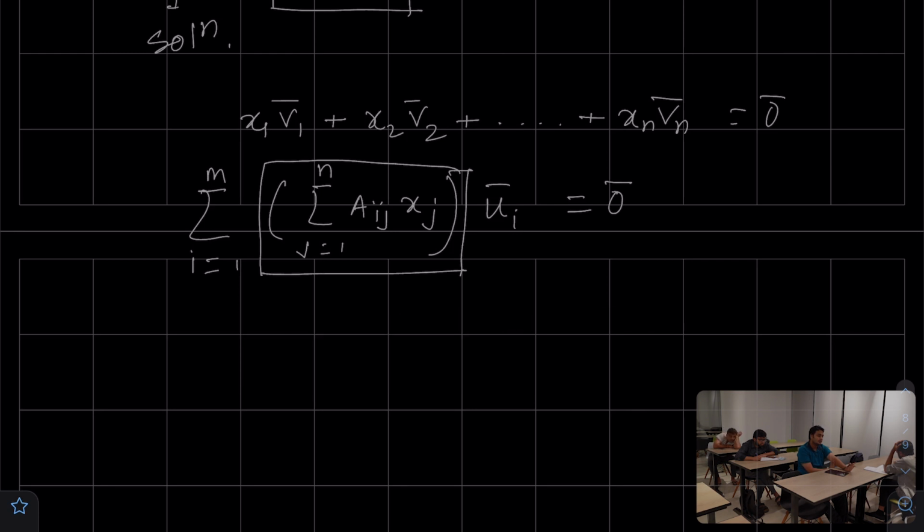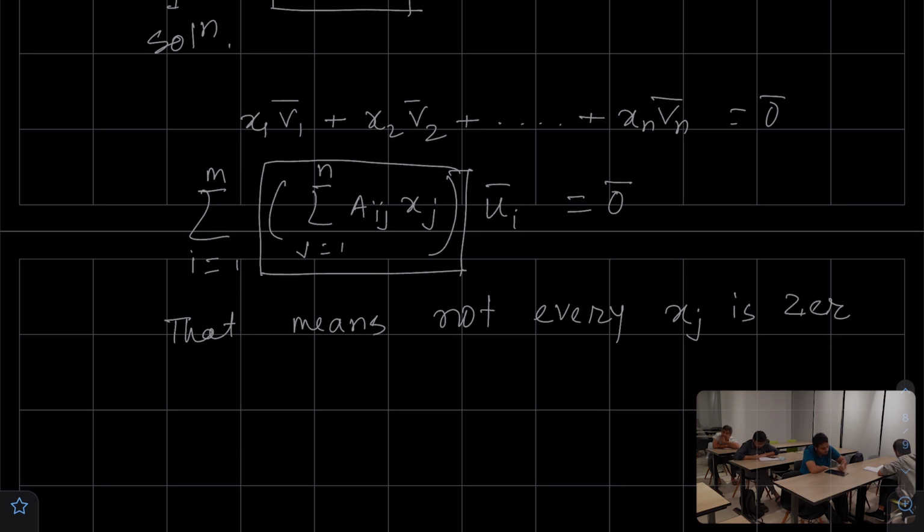That means not every xj is 0, and when I take this summation, it is equal to 0.